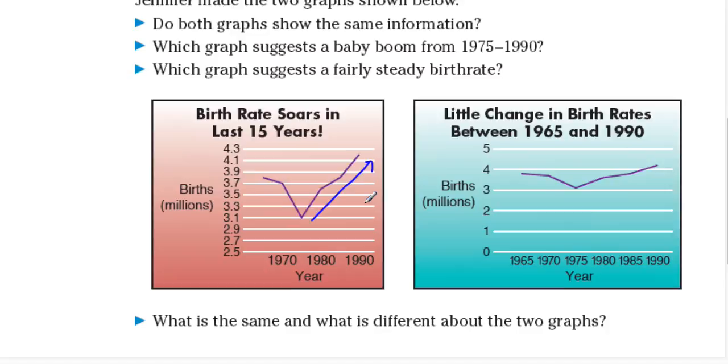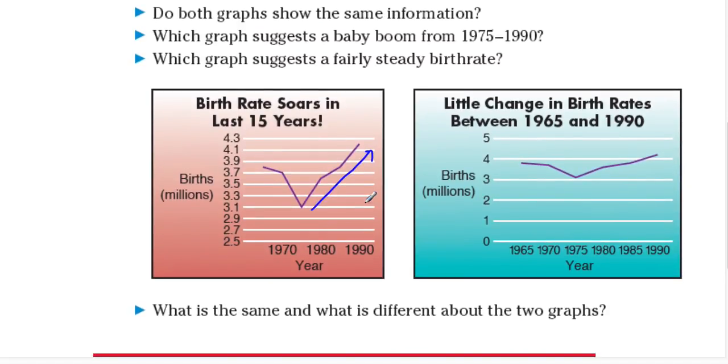And the last question, what is the same and what is different about the two graphs? If you notice, this graph on the left does not start at 0. This graph on the right does. What else do you notice? The intervals of this graph are by 0.2, small intervals on the vertical axis, and the intervals here are by 1, and at the same time this graph starts at 0.